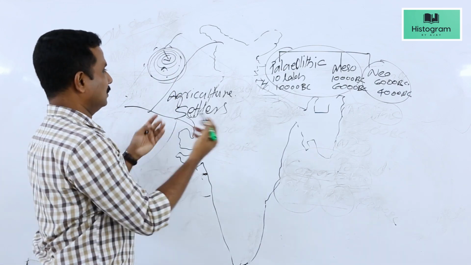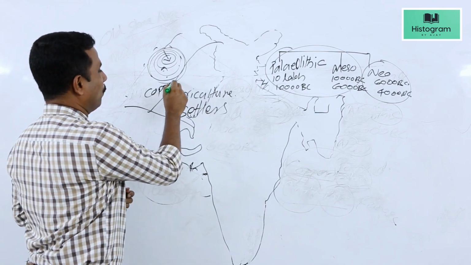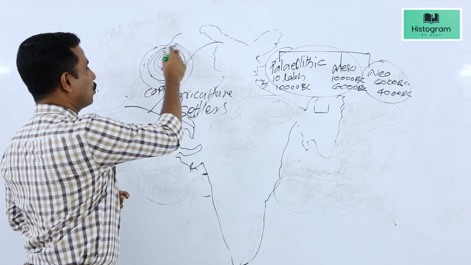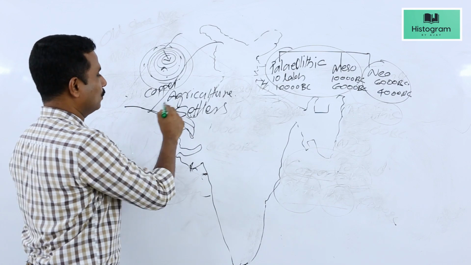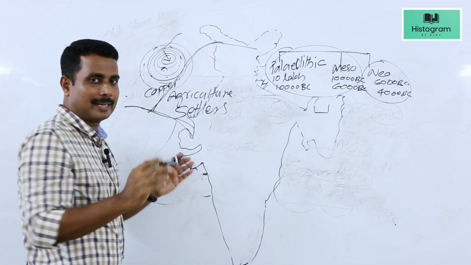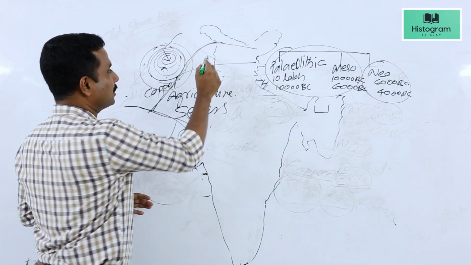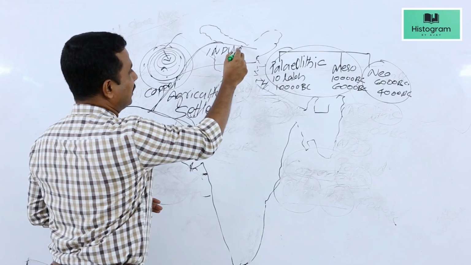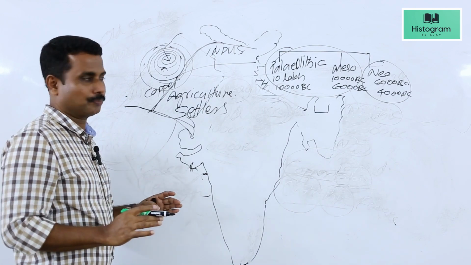They started engaging in agriculture and settling down in this area. And in the course of their development, they happened to discover copper and started using copper tools and implements. And as we saw in the last video, this region is very fertile because of so many rivers flowing through it. Most important is river Indus, or river Sindhu.